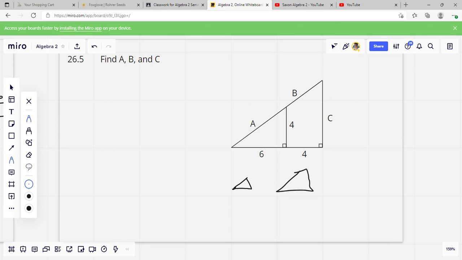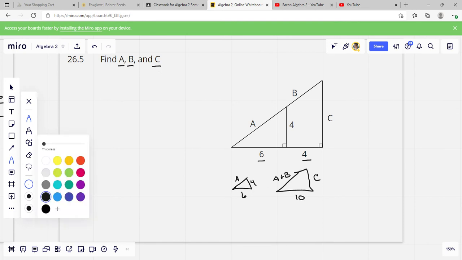Okay, so our small triangle right here, that's our first one. Its measurements are A, 6, and 4. And then our big triangle, this right here will be C. The bottom will be 6 plus 4, so that's 10. And the top would be A plus B. Okay, and we have to find A, B, and C.